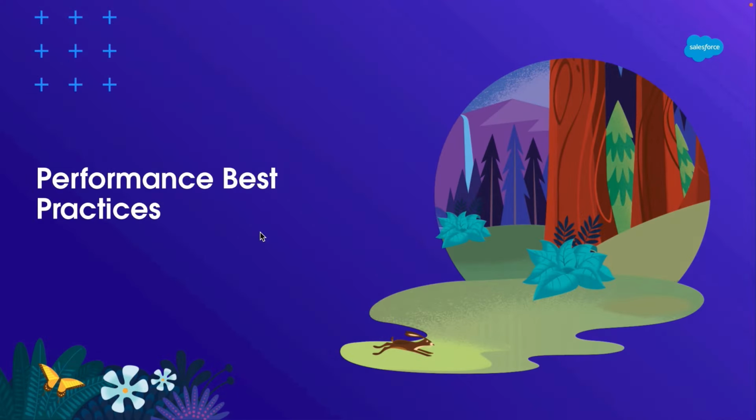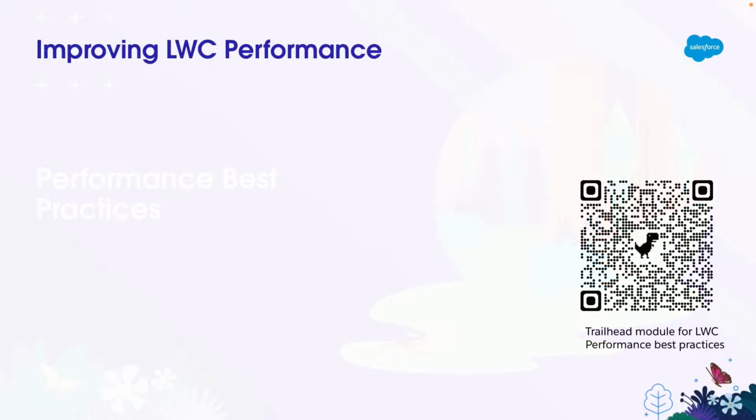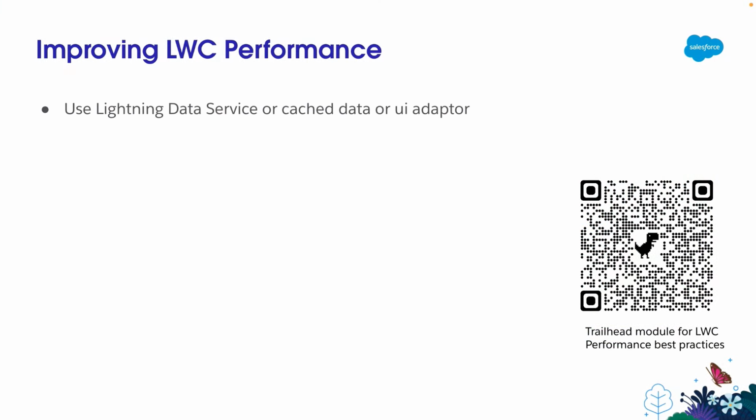In this section, we're going to talk about some of the performance best practices around building Lightning Web Components. Alright, the first best practice is around using Lightning Data Service, or using cache data, or using one of our UI adapters.